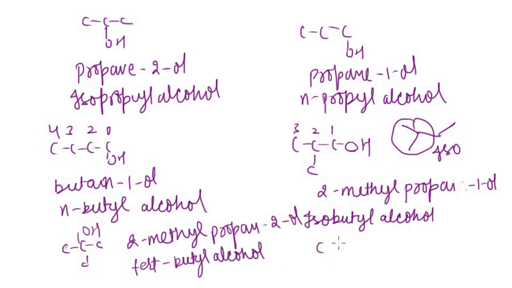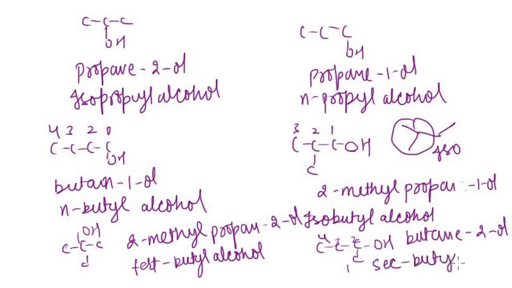Now in that particular case, 1, 2, 3, 4, OH, butan-2-ol, or we call it secondary butyl alcohol. Butan-2-ol or secondary butyl alcohol.